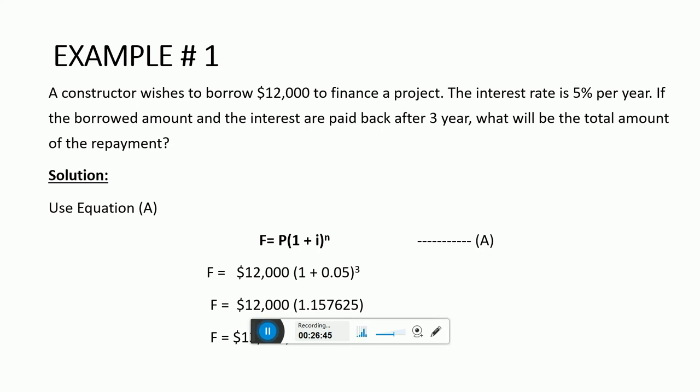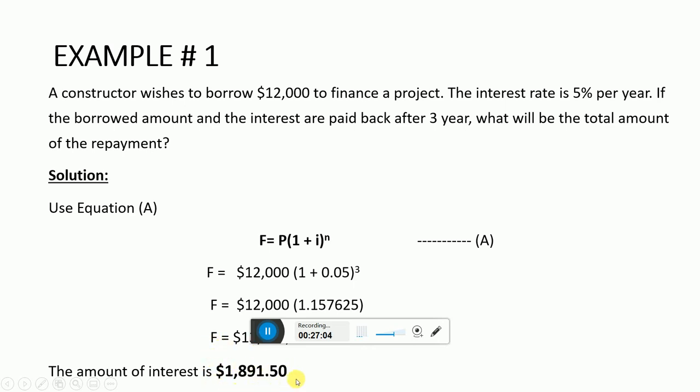So if we want to calculate the interest, what would be the interest? We have to subtract 12,000 from 13,891, so we can get 1891.